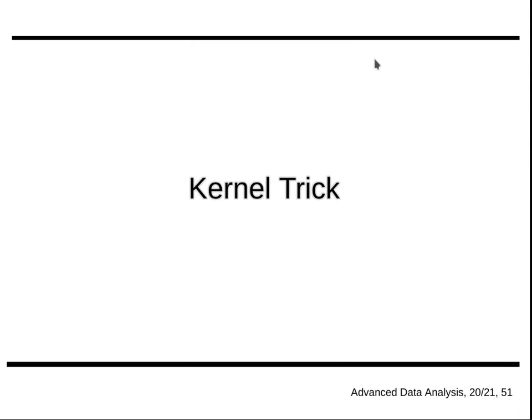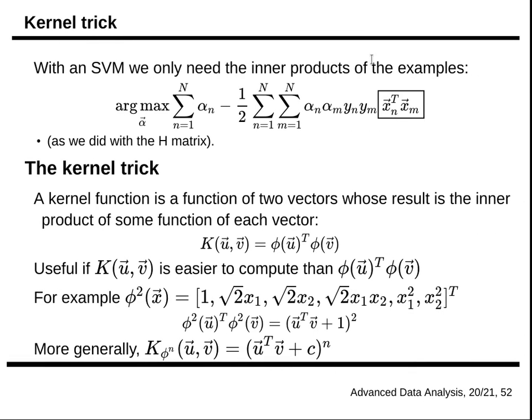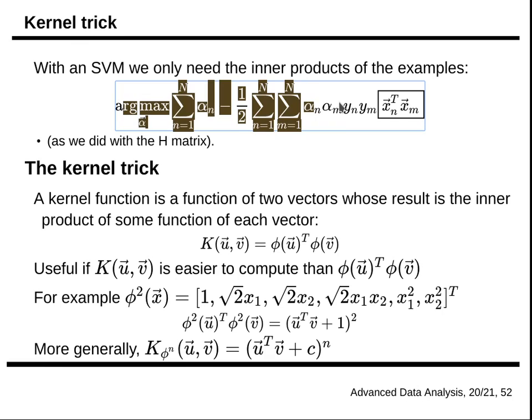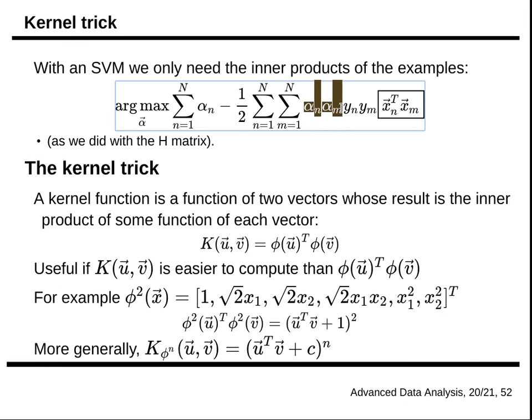Okay, I'm going to explain this trick, which comes from the fact that what we are maximizing is an expression of these Lagrangian multipliers that we're going to try to find, and the inner product of pairs of points in our data set. A kernel function, in this sense, we already used another meaning of kernel function previously when we were looking at kernel regression.